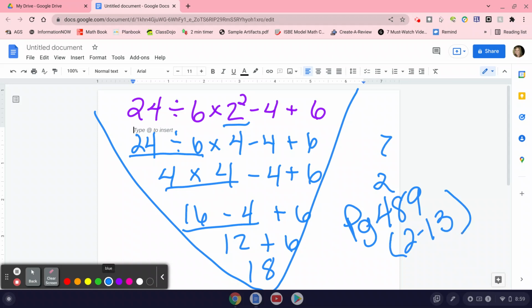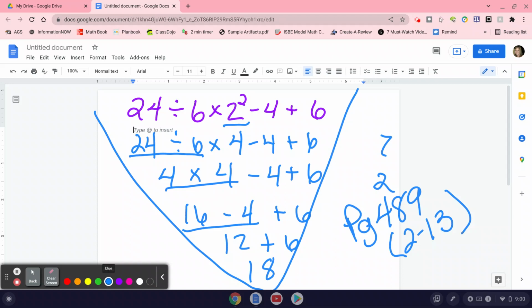Now, let me look. I might want you to do it on this. Is there very much space? Yeah, there is some space in between. What page did I say? 489? Right here. Okay, so if you write small, you can probably fit it on there. If you have pretty big handwriting, you might want to do it on a piece of loose leaf.